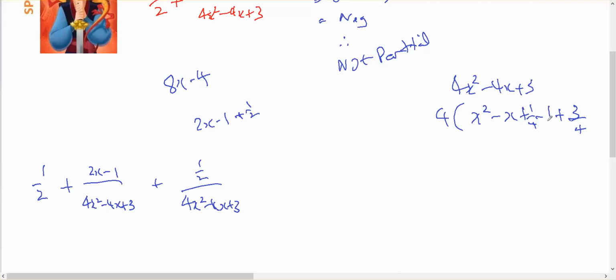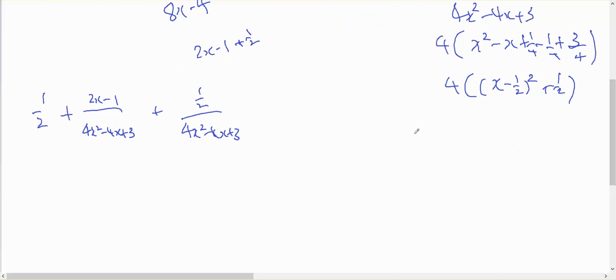Minus 1/4 leaves me with 4 x minus a half squared minus 1/4 plus 1/2. Okay, so I've got 1/2 on top of 4 x minus 1 squared plus 1/2.